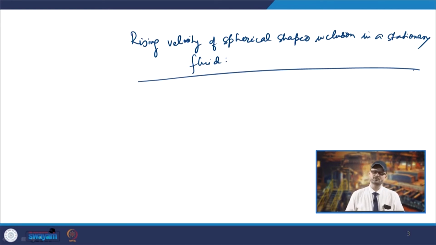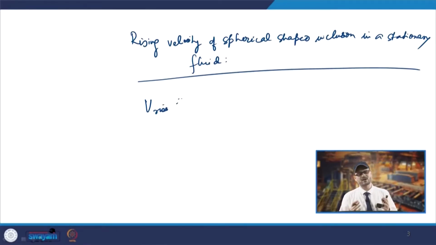This is a problem in steelmaking, where the inclusions, if they are lighter, have the tendency to float towards the upper side. So, V rise will be a function of the weight of the particle, the density of the particle, the coefficient of viscosity of the medium, and also the density of the medium.